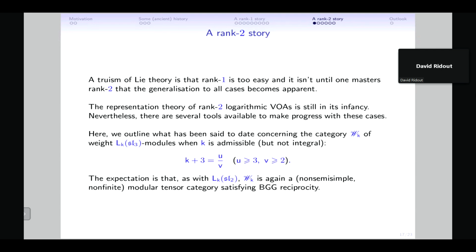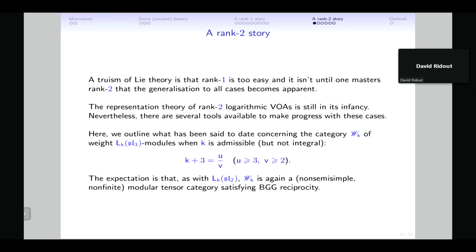You already have rationality and everything is done. When V is equal to 2, the minimal nilpotent orbit comes into the game, and you get added complexity based on that. But for V equals 2, the minimal W algebra is rational. So Tomoyuki proved that back in, I think, 2013 or so.